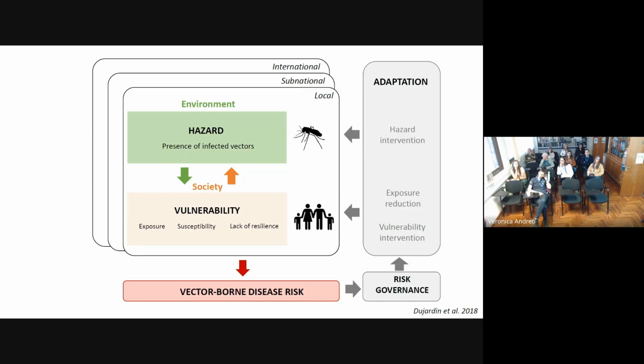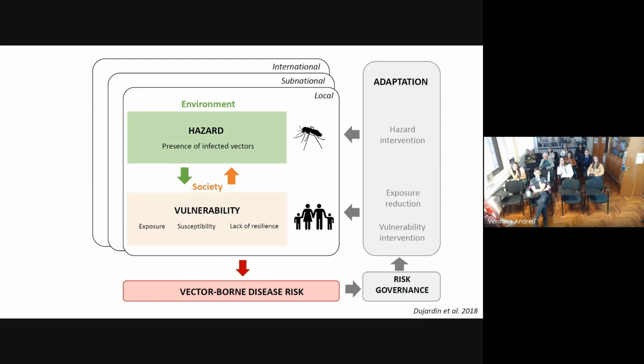The second box is the vulnerability, and that includes all the more human variables. There is the exposure: people need to be at some place at some time to be exposed to the hazard and get infected.